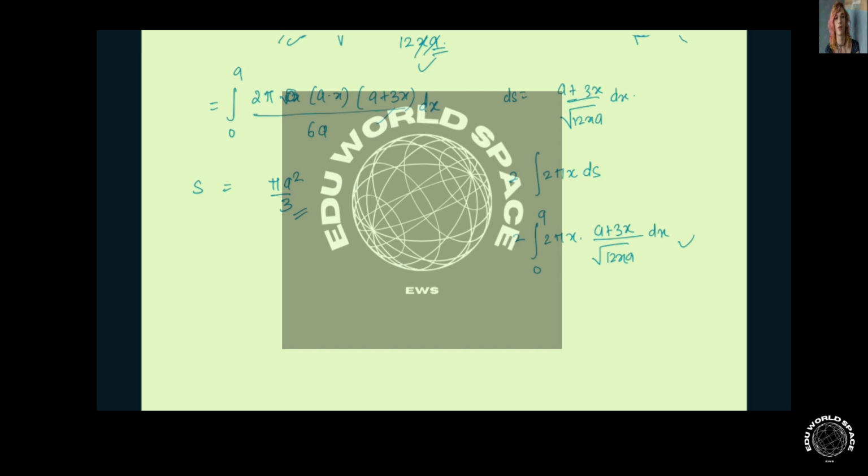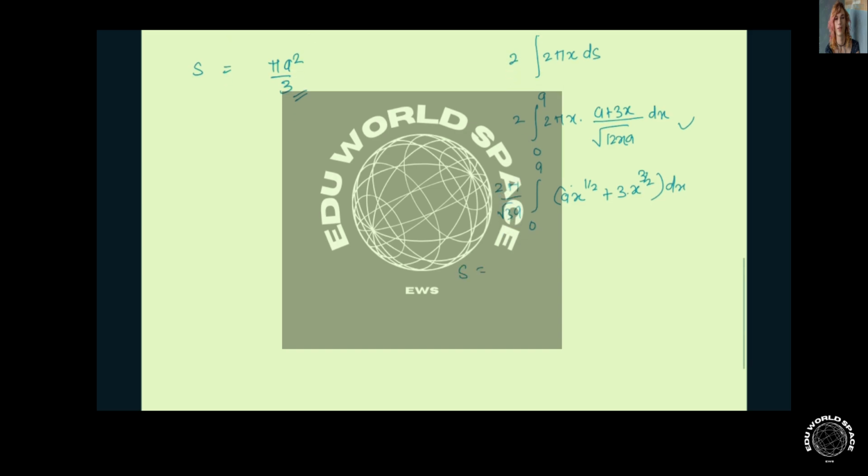If we simplify this, we can write this function as 2π over √(3a) times the integral from 0 to a of (a x^(1/2) + 3x^(3/2)) dx. On calculating this, we get our surface area as 56π√3 a²/45, and that is our answer.